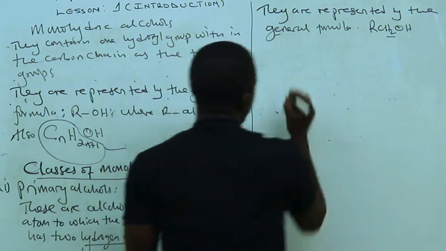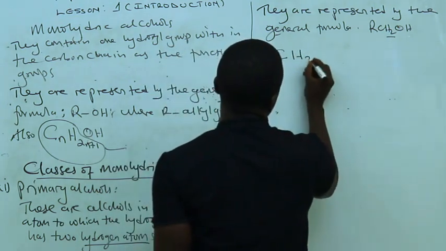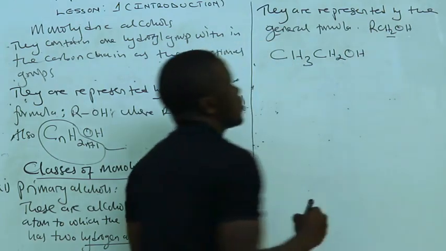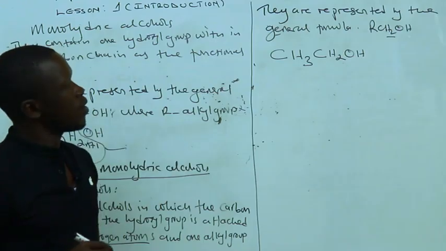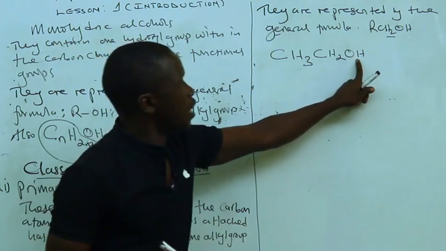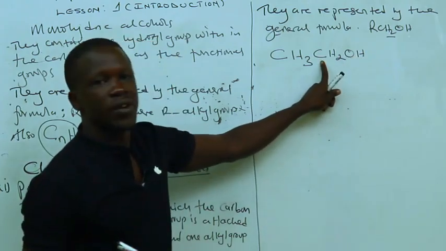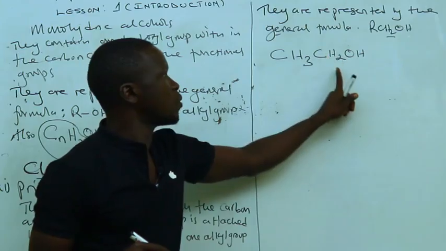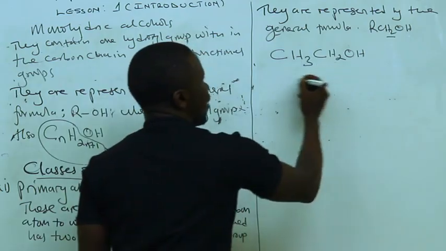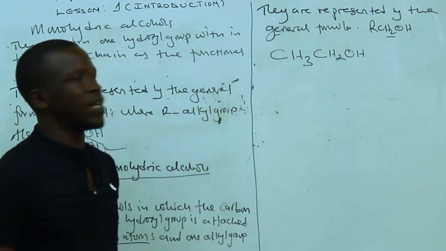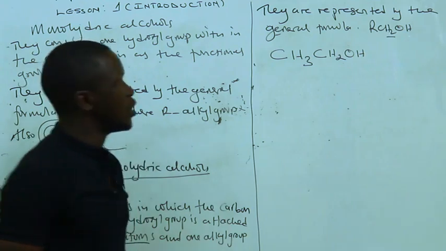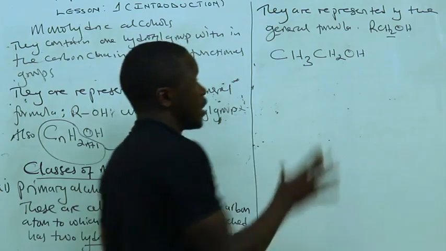An example is our very own ethanol. This alcohol has the hydroxyl group attached onto the carbon atom that has only 2 hydrogen atoms in that structure. And there is 1 alkyl group, the methyl group, attached to the carbon atom with the hydroxyl group. Very many examples would be given in that respect.